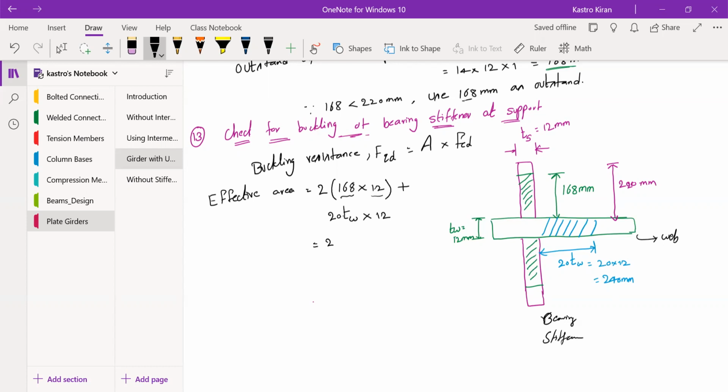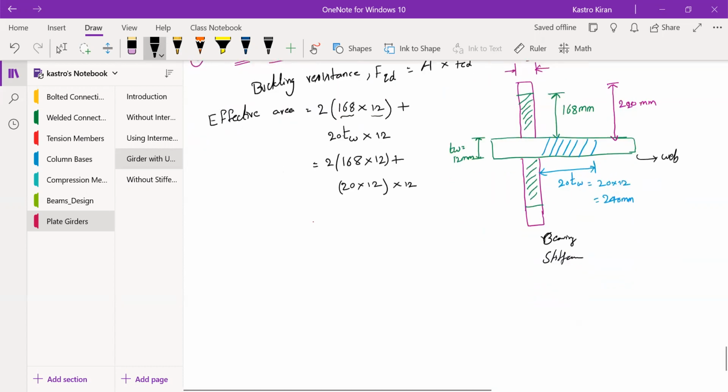So the calculation gives you 2 times 168 into 12, plus 20 times the thickness of the web, into 12, that is again the thickness of the web. Therefore, the effective area will be 6912 mm square. So this is the effective area.